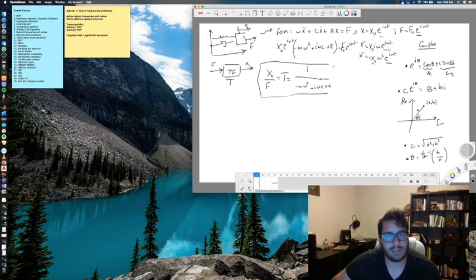Okay, I'm looking at my transfer function and it's not really helping me solve it any better. Well, we know a couple of things that we would like to substitute in. First of all, I want to relate everything happening here to the natural frequency. We already know that the natural frequency is equal to the square root of k over m. So maybe this is the number one thing we're going to sub.